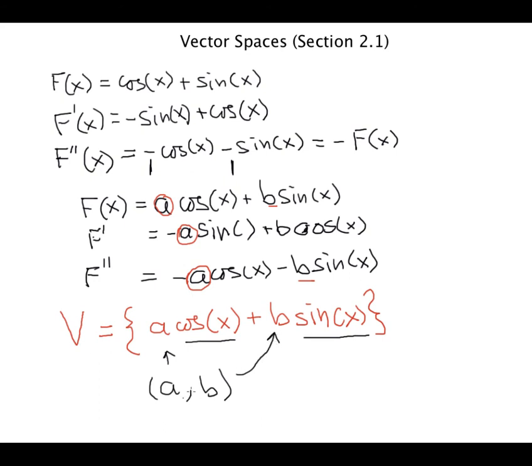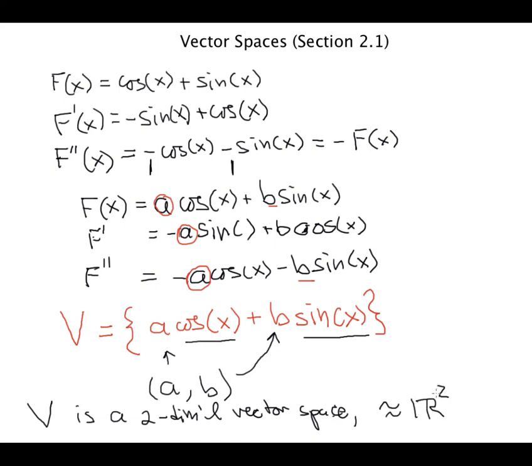And this vector space is essentially R2. It's a two-dimensional vector space. I'll write this down. V is a two-dimensional vector space. And as such, it's said to be isomorphic to R2.